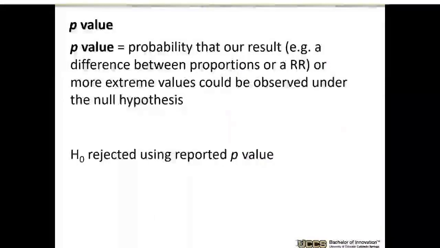So when we talk about statistics, we will talk about something called the p-value, which will show up a lot. The p-value is the probability that a result, for example, a difference between proportions or some ratio we're going to look at, or more extreme values could be observed under the null hypothesis. So if I ran this experiment with random noise 100 times, the p-value should approximate how often I would reject the null hypothesis, given just the random variations.